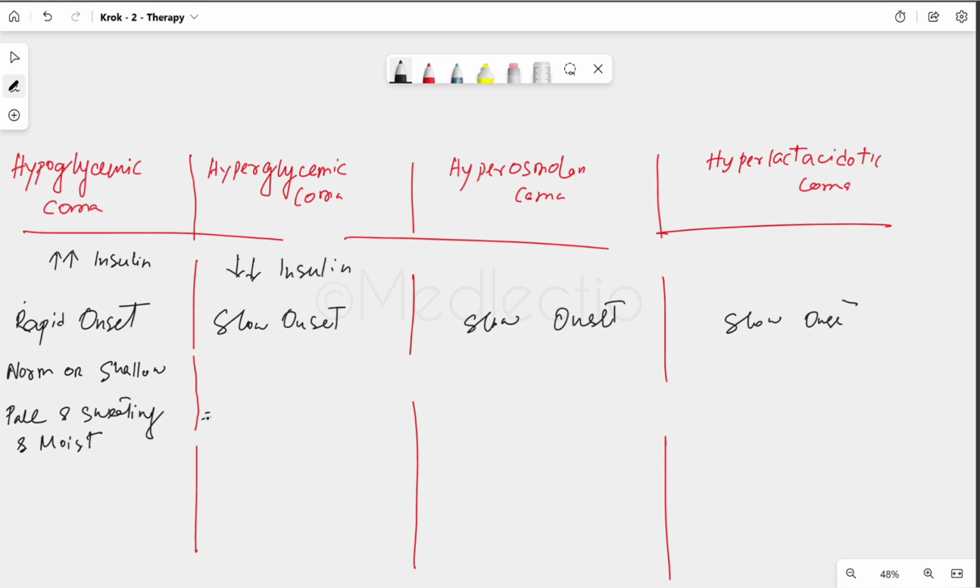Here what we get? We get air hunger. We get hot and dry skin. Here also skin turgor is decreased.